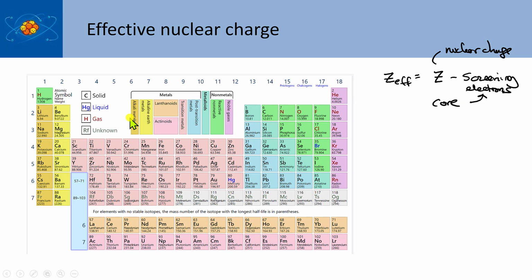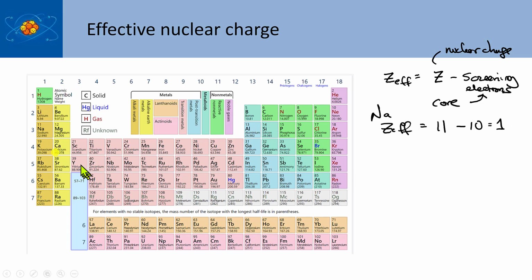So, for example, let's take sodium, right? Sodium is going to be equal to 11, that's its nuclear charge, minus the screening electrons, which are the noble gas core, the Ne, it's 10. So sodium has an effective nuclear charge of 1.